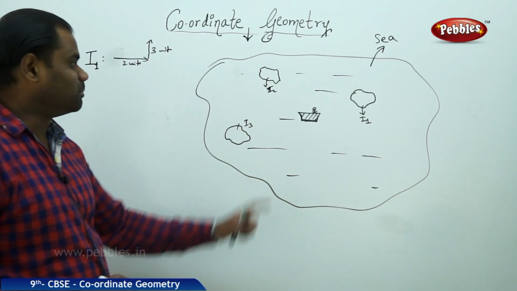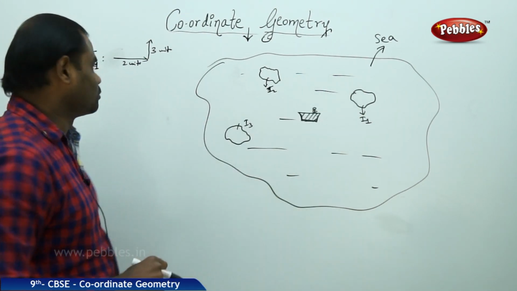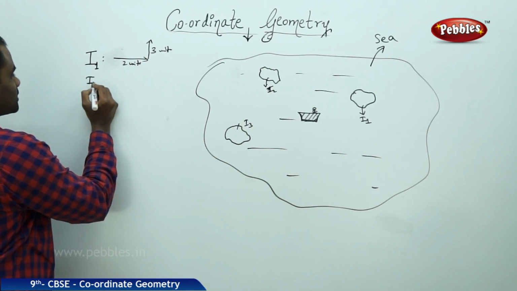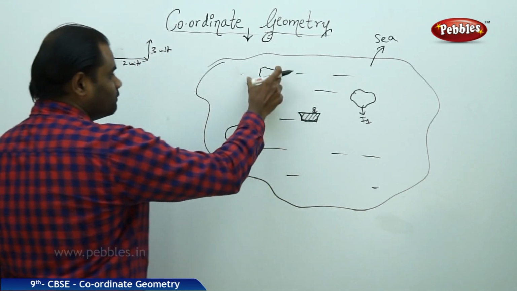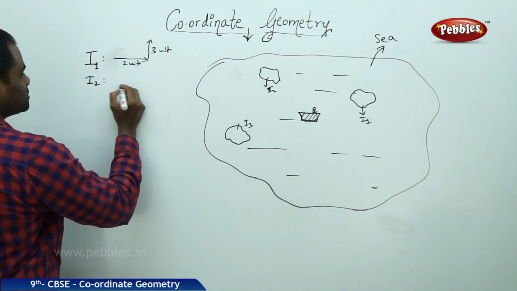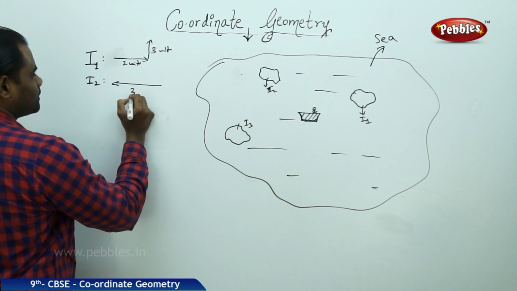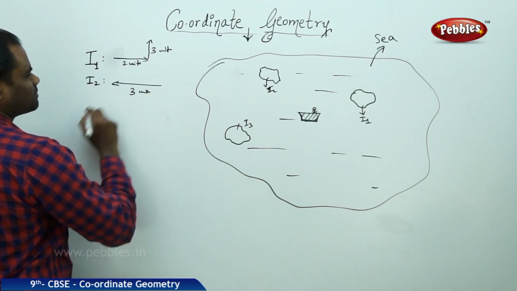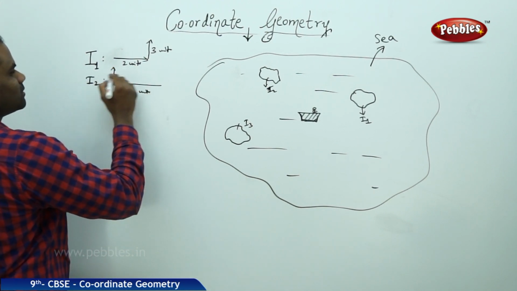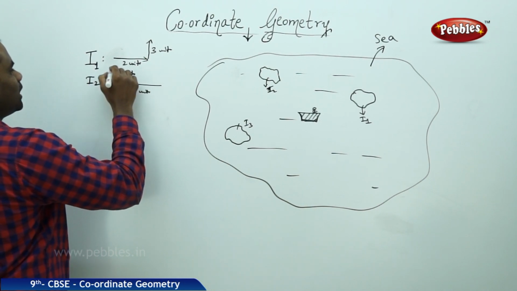He also estimates that island 2, which is just beside this on the other side of the ship, is 3 units to the left and 4 units up.